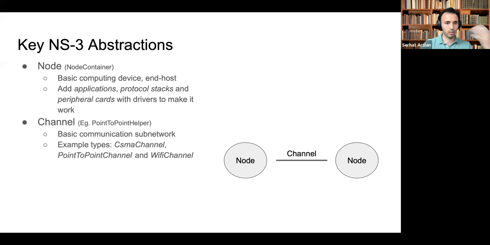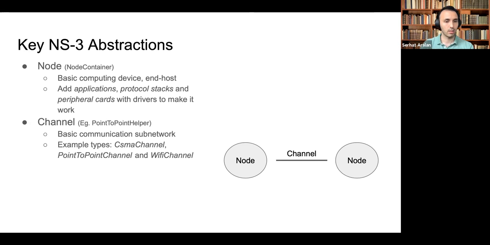Between nodes, you should create channels. For example, in this assignment, we'll be using a point-to-point channel. Point-to-point meaning there will only be 2 nodes connected to this channel. You can think of this as a cable, because in real life there are some channels that have multiple hosts connected to them.